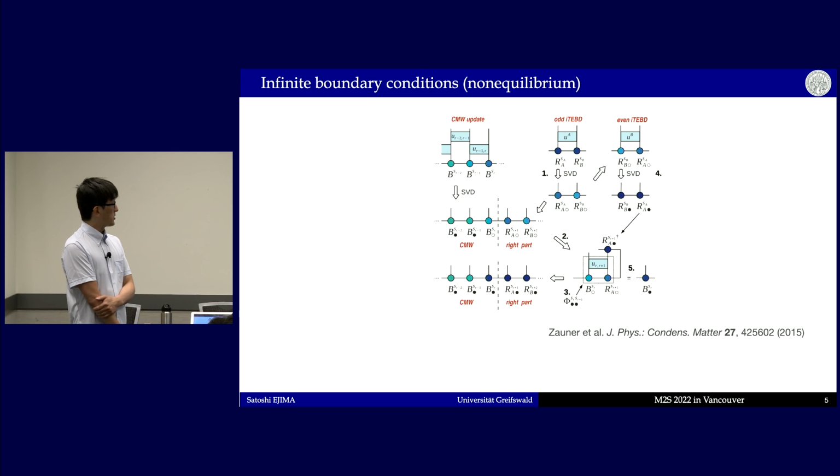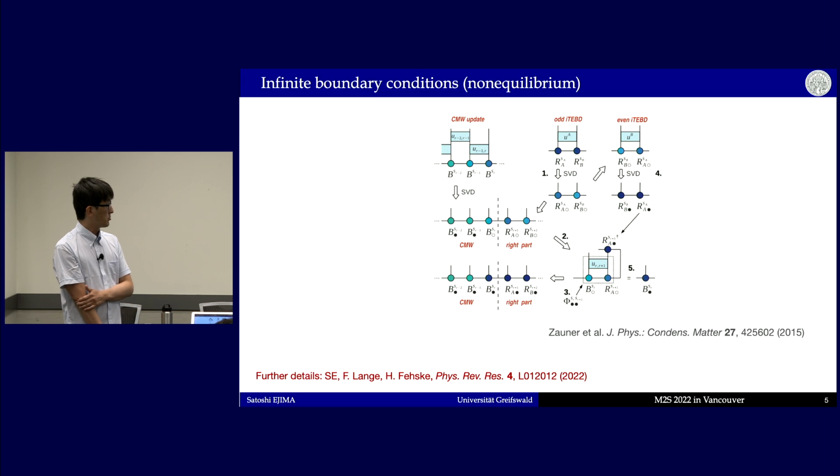In this process, we also need the so-called uniform update, which is explained in the paper by Zauner et al., in order to update the unit cell. For further details, please see the paper by Zauner et al. and our recent paper.